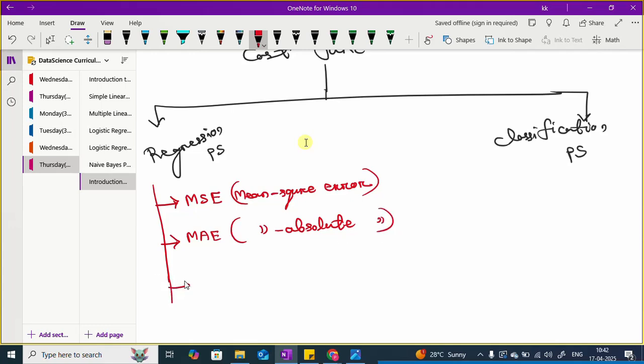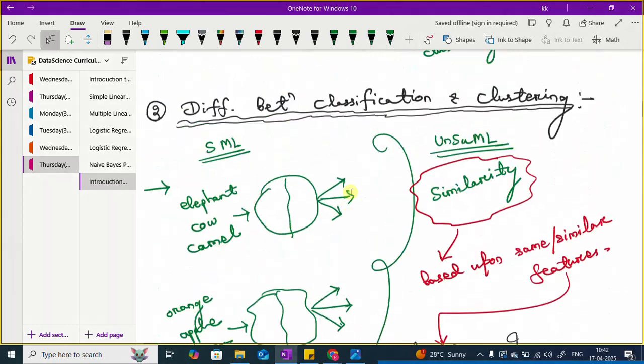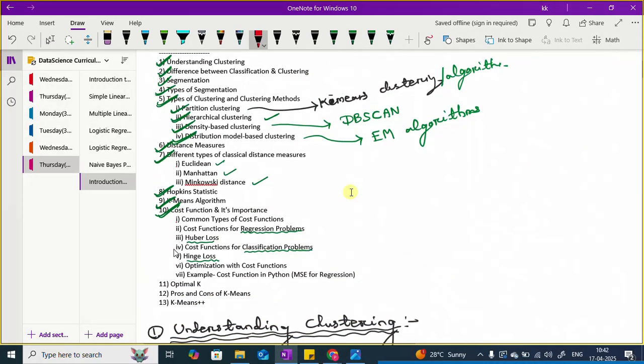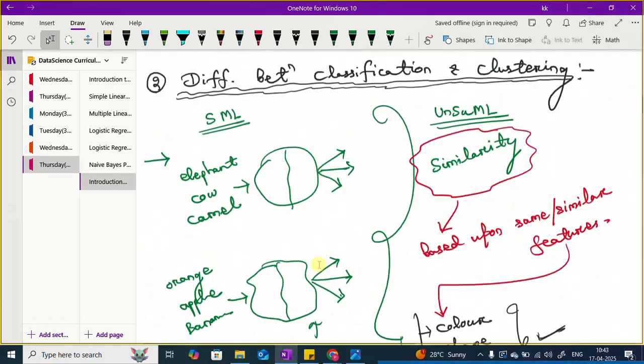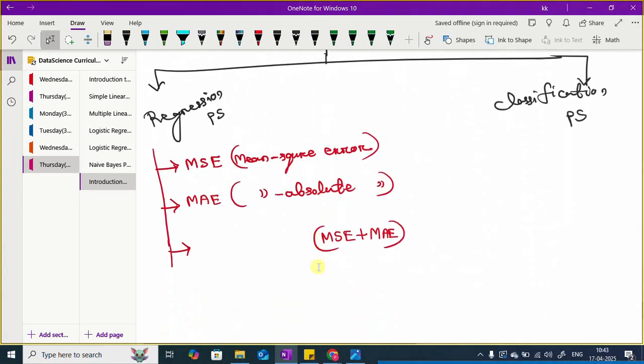Now there is a combination of MSE plus MAE. If I don't want to take them individually, I want to take a combination of both. Then that term is called Huber loss.